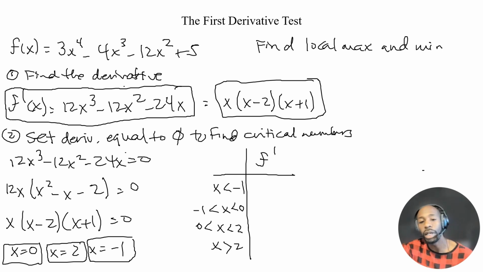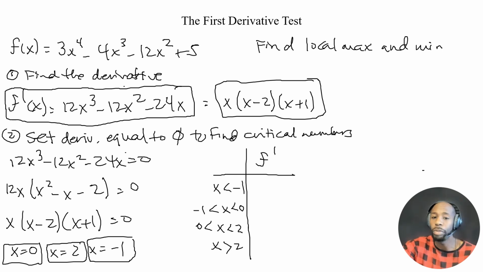So if I plug in a value less than -1, for example -2, I'm just going to look at whether each factor is positive or negative, because you're not really looking for the value, you're looking for whether it's positive or negative. So I plug in -2, that'd be -2, that would be -4, so negative and negative, and then that would be negative.